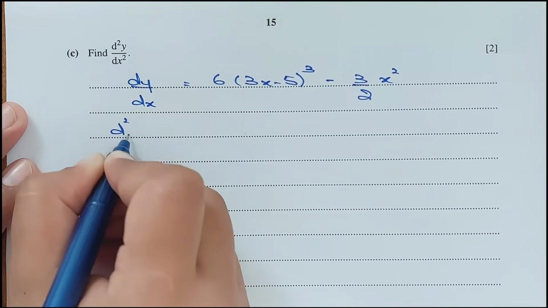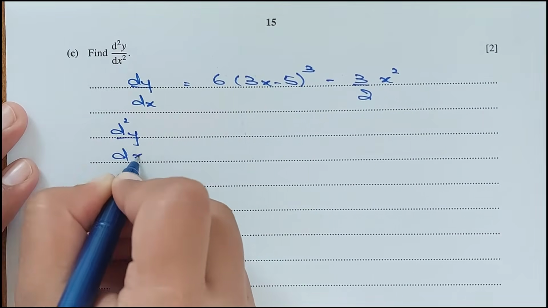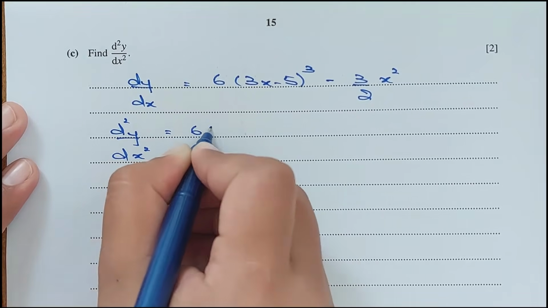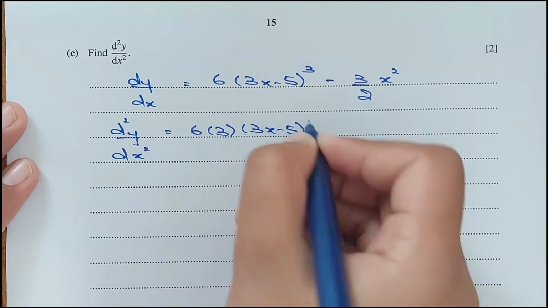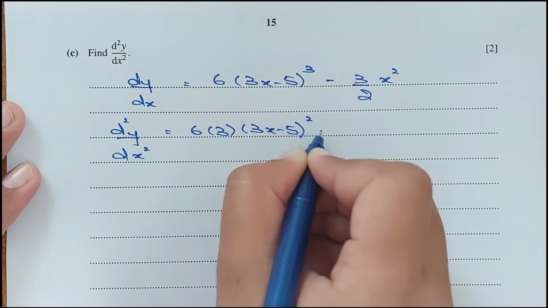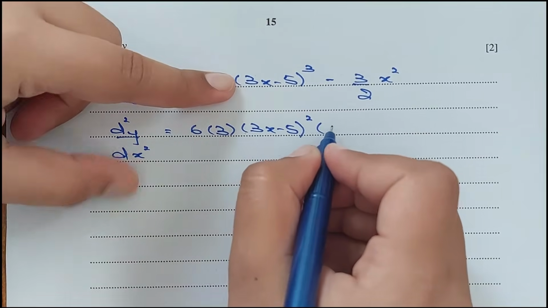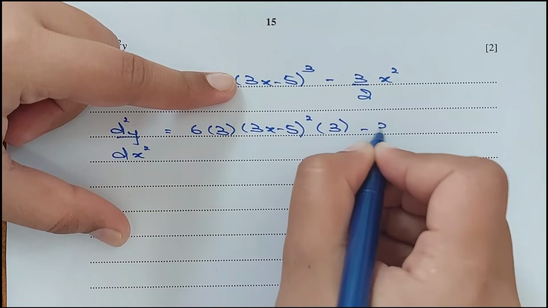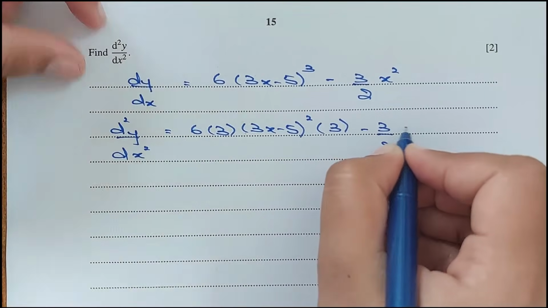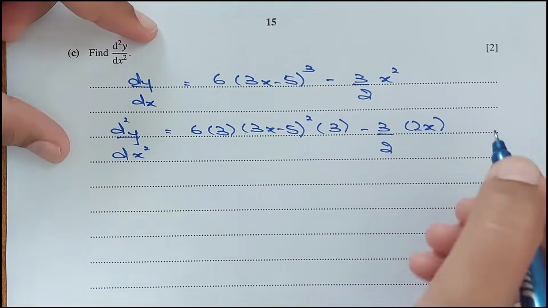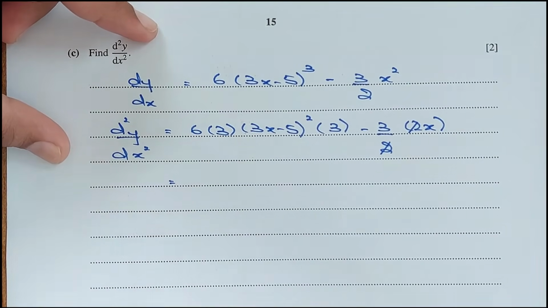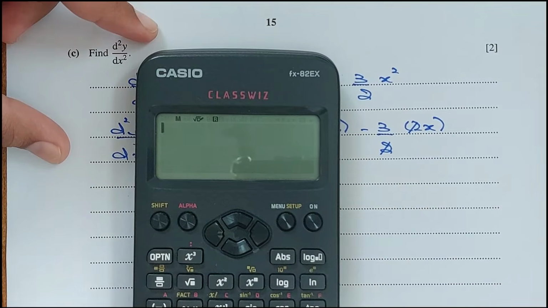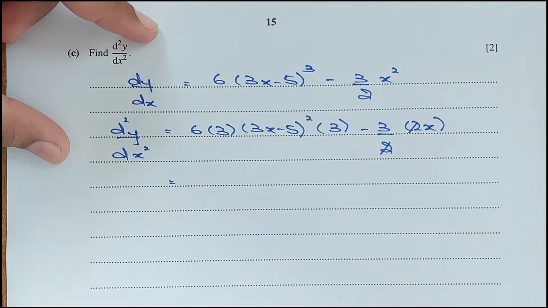So differentiating one more time, d2y over dx square would be equals to 6 times 3, power rule we have to apply, 3 minus 1, and the derivative of the base function is 3, minus 3 by 2 is outside, this is 2x. 2 is cancelled with 2, we are left with 3 times x. 6 times 3 times 3 is 54.